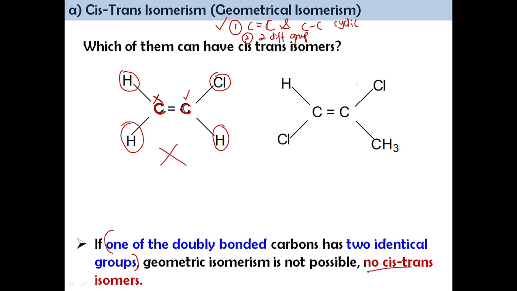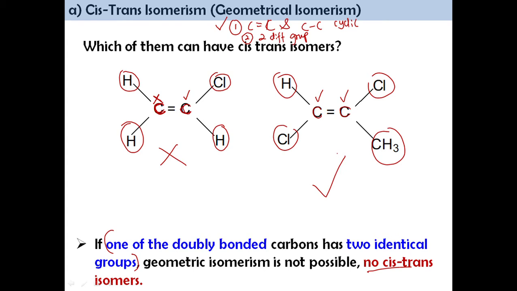Okay, what about this compound? Okay, this is the first carbon bonded to H and Cl. So, these two is a different group. So, boleh. Okay, what about this carbon? Chlorine and CH3 adalah benda yang berbeza kan? Pun boleh. So, the whole compound can produce a cis-trans isomer.